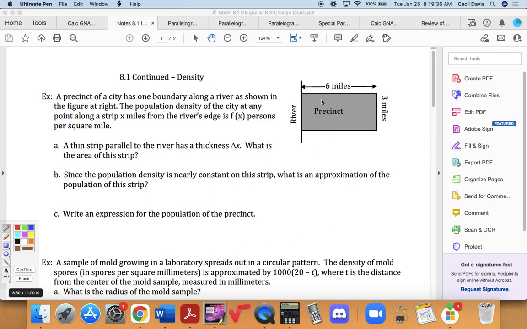We're saying that if we go 2 miles away, for example, and take a little strip out of that, the density of that strip is going to be determined by f of 2. Okay? So a thin strip parallel to the river has thickness delta x.